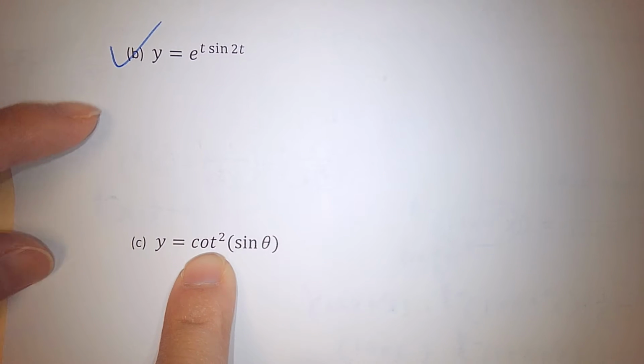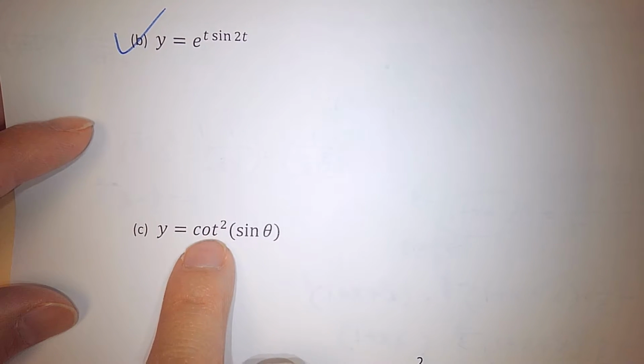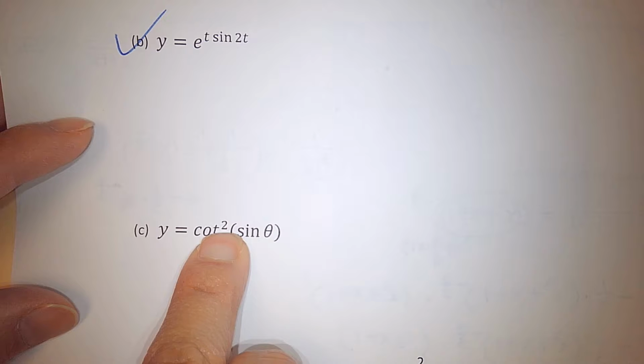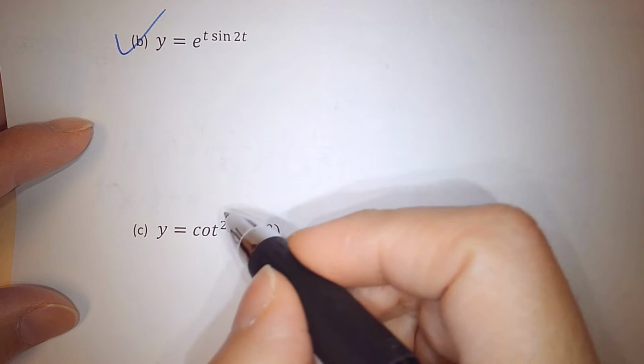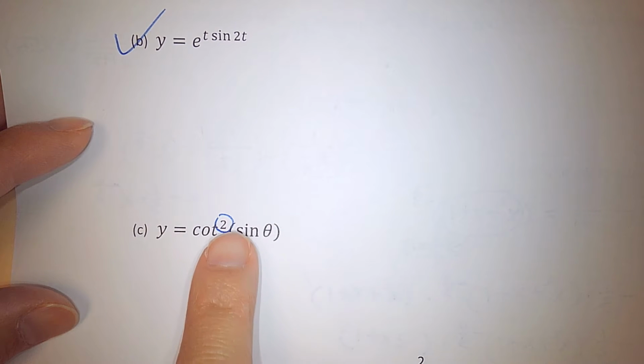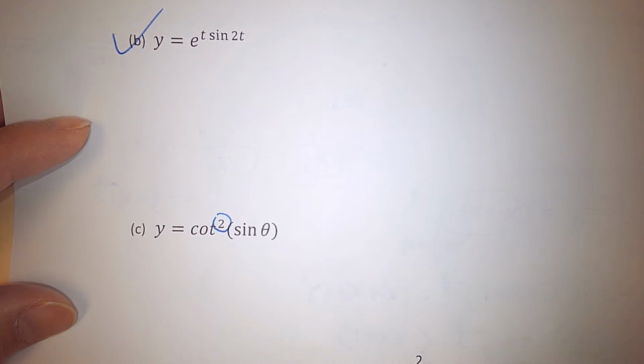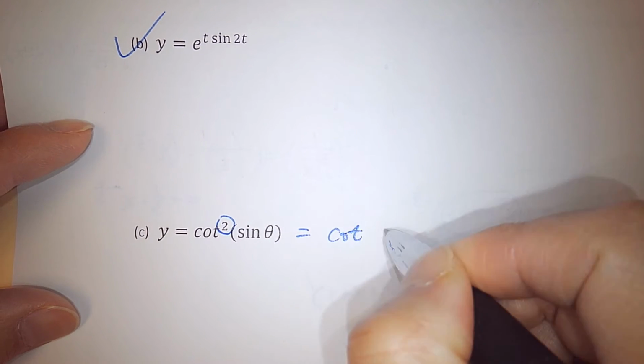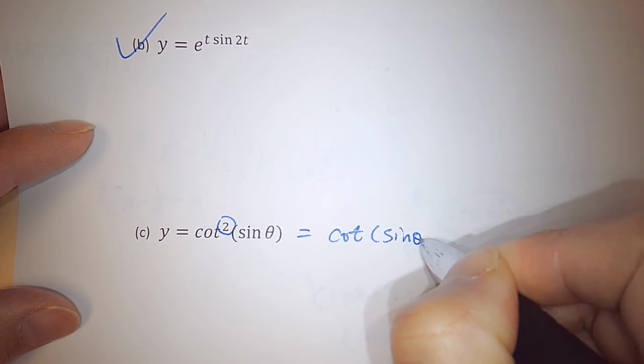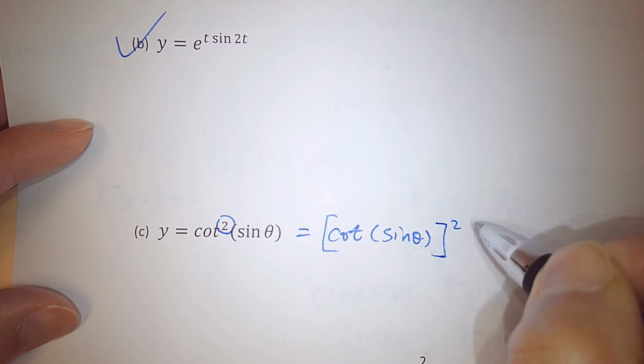Number C, y equals cotangent of sin of theta, squared. How many layers does the function have? Three. Square is a square of what? This is actually cotangent of sin of theta, squared.